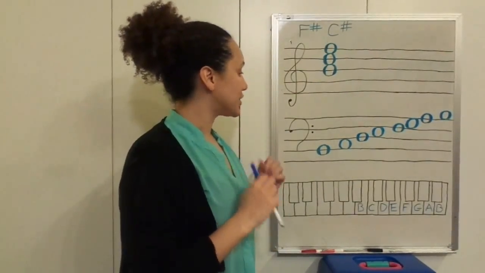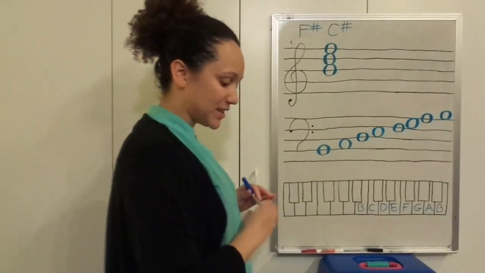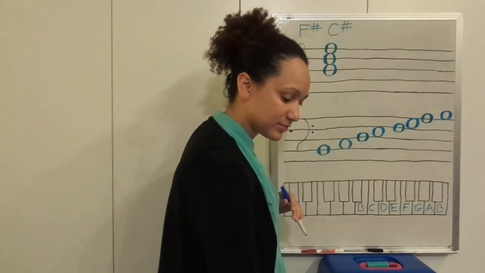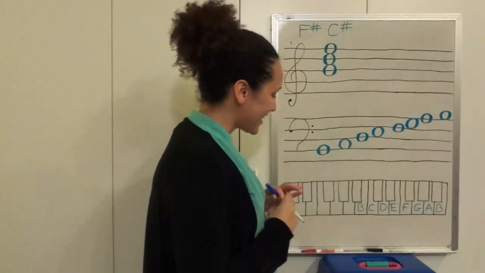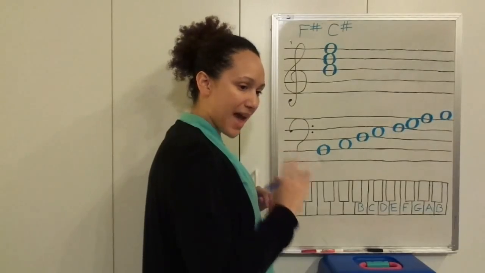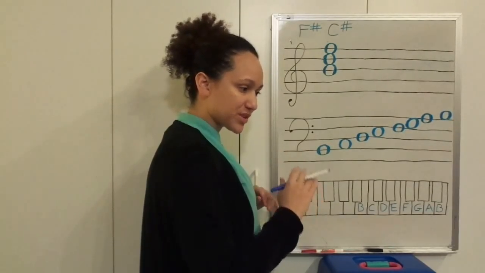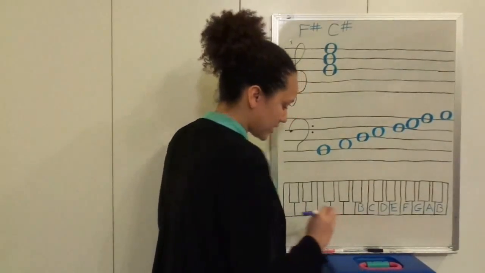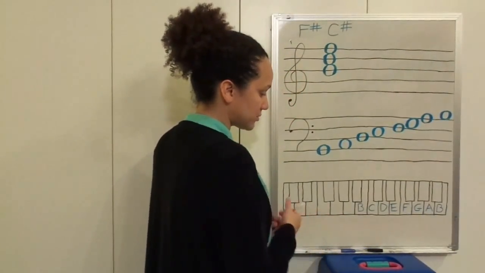Now for minor, let's find it on B. Listen to the minor scale. Now remember, we want the pattern whole step, half step, whole step, half step, whole step, whole step. So right here, let's change to red.